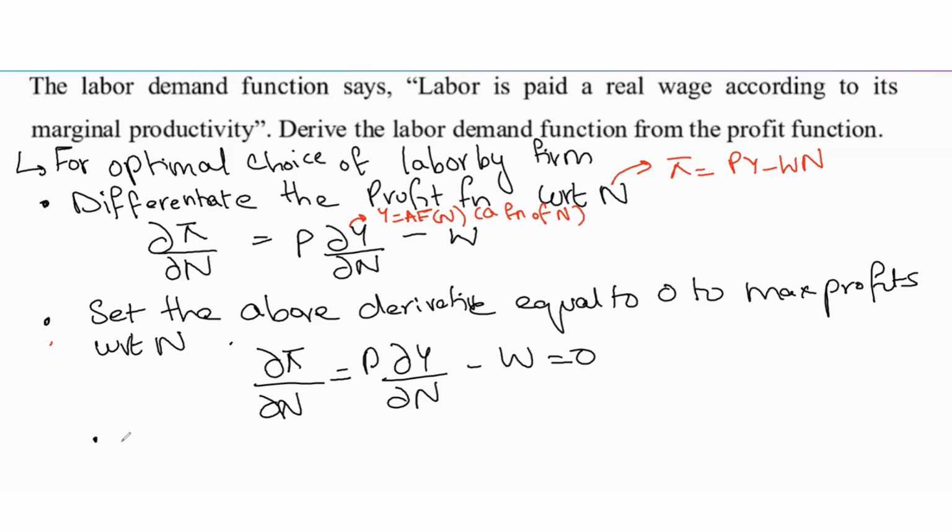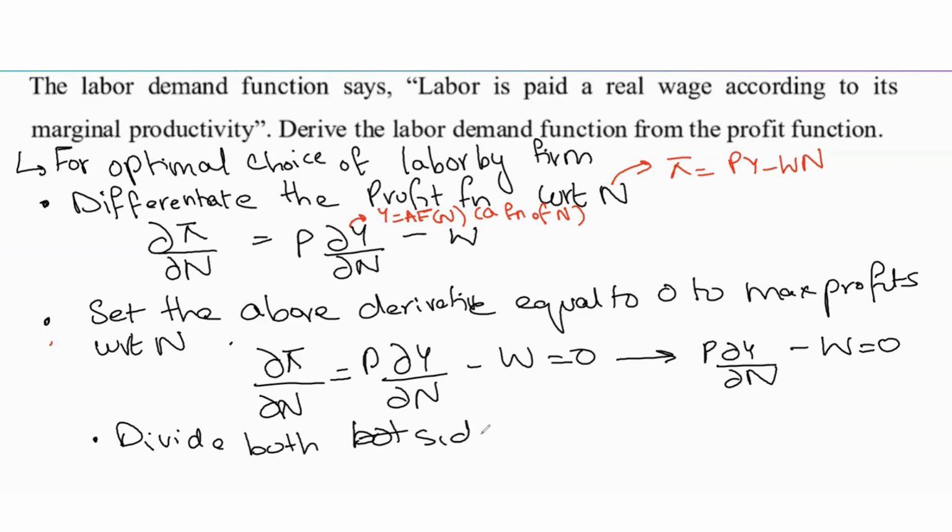Now the next step is to divide both sides by P. So P partial y partial n minus W equals 0, and dividing both sides by P, we get partial y by partial n minus W by P equals 0.